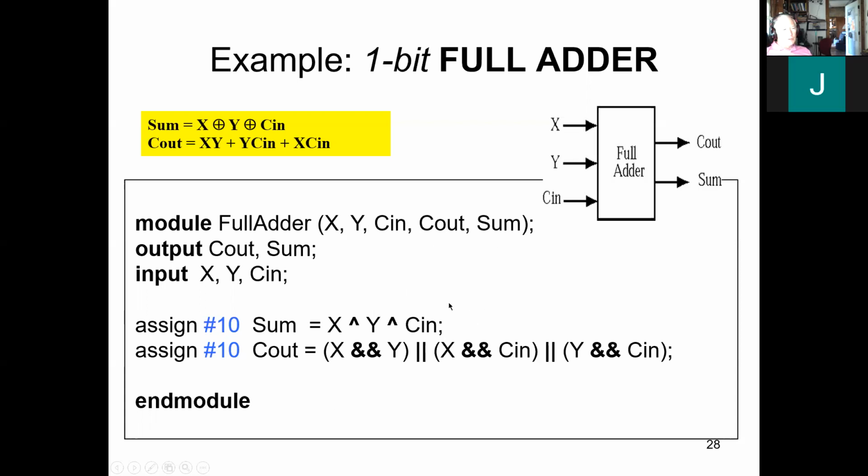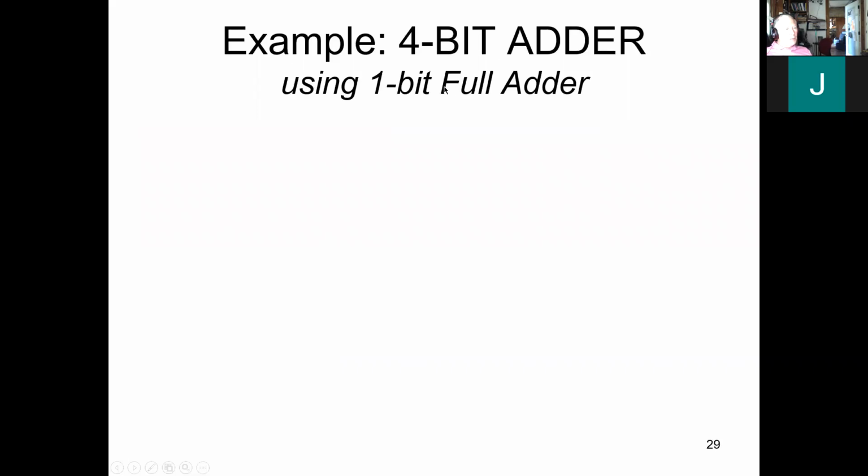I mean, that's all you have to do. But let's say you want to put some special features in this module and you don't want to let the synthesizer make some decisions for you, then you might want to specify it. All right. Anyway, so here's our 4-bit adder.